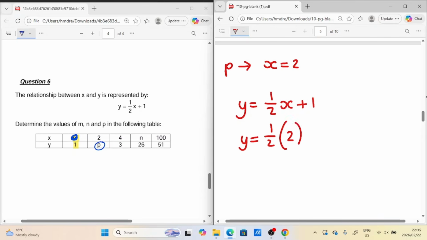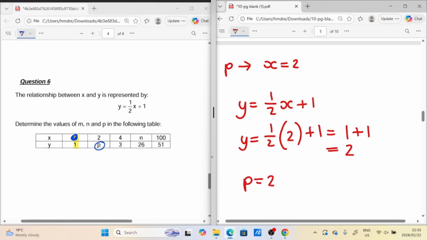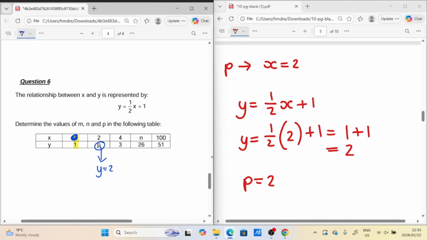X is 2 plus 1. A half times 2 is 1. And we've got to add 1. And so it's 2. So we say p is 2. So when x is 2, then y is 2.